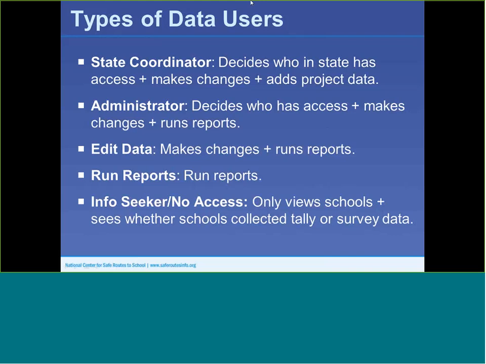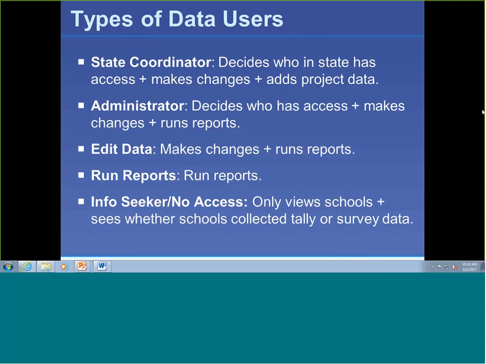So you have a state coordinator in California who has access to all schools in California and could decide who also joins the team, adding projects to the database as well. And then it goes down to administrators. These are basically people that arrived first and started entering schools' data, started developing school groups. These are people that can edit, remove, and add people to have access to the data for whatever they have jurisdiction over. Say it's a school district, they can decide who is their co-pilot, if you will.